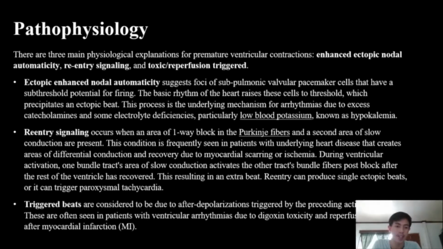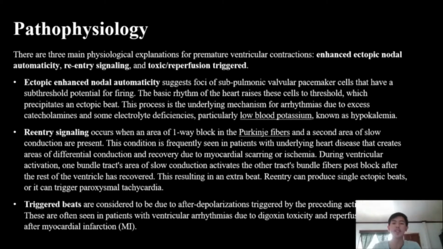The first type is enhanced ectopic nodal automaticity, which suggests foci of subpulmonic valvular pacemaker cells that have a subthreshold potential for firing. The basic rhythm of the heart raises these cells to threshold, which precipitates an ectopic beat.